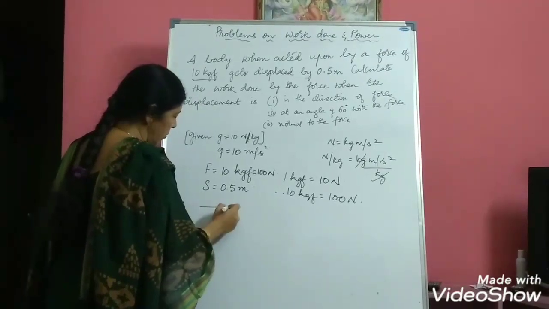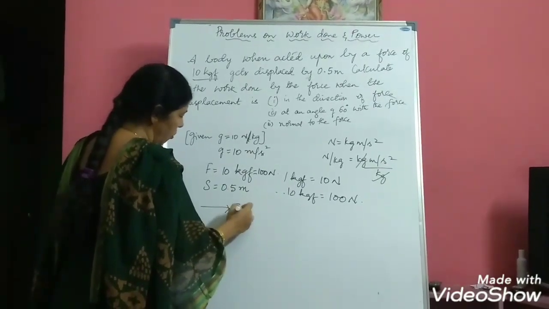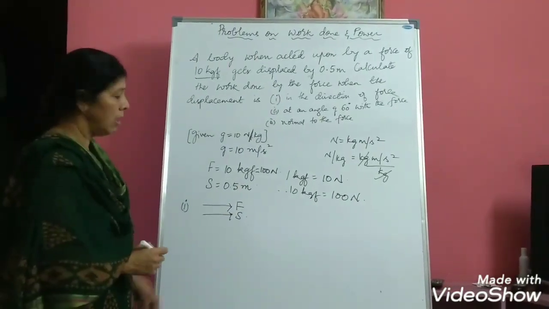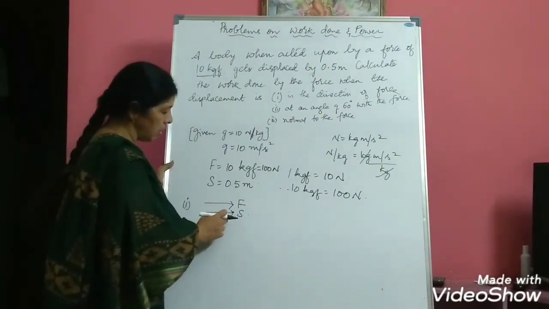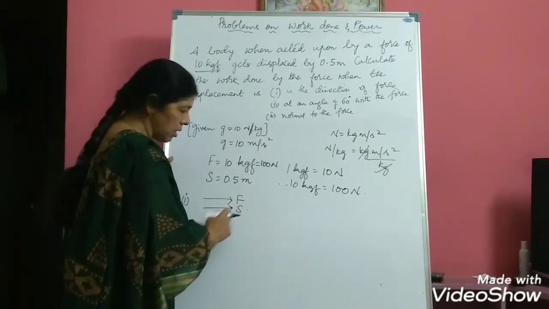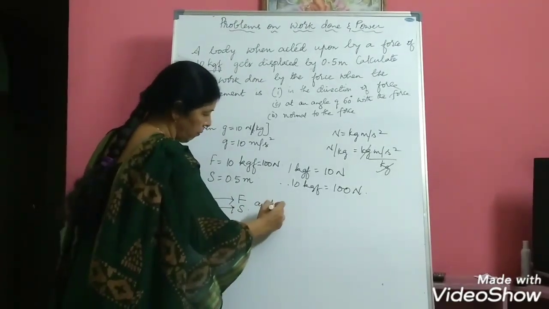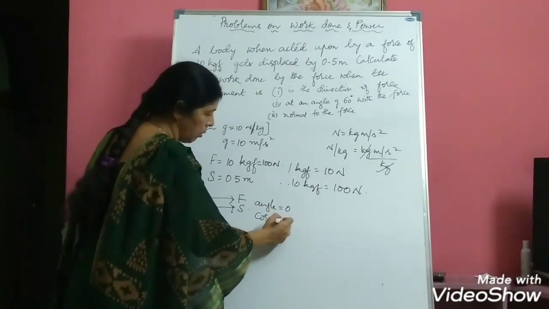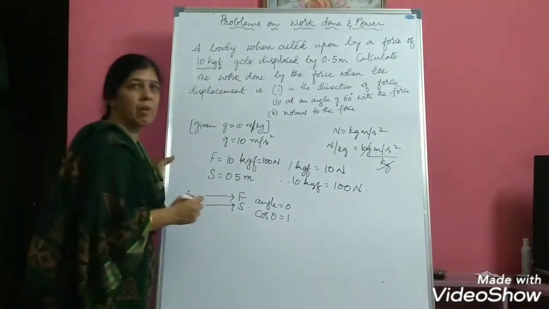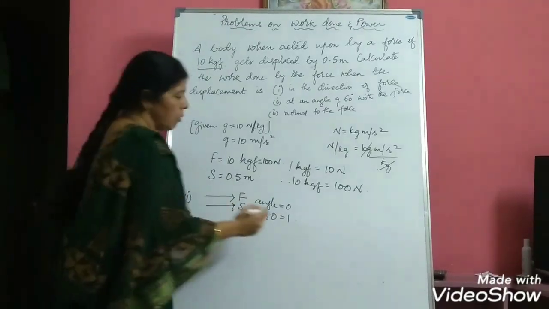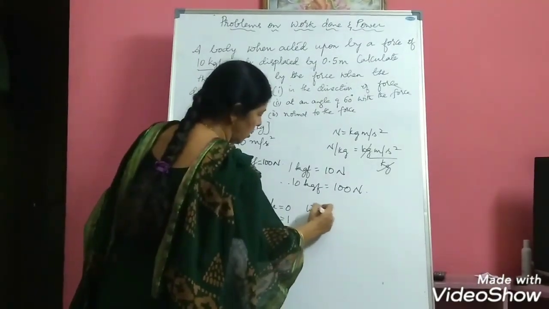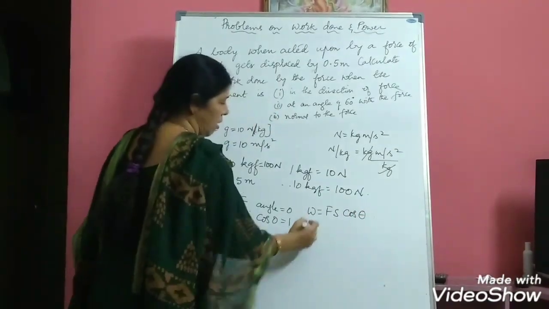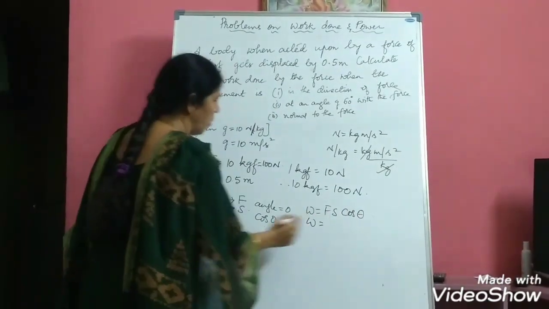So, as I have discussed in my previous video, force and displacement are in the same direction. So, what will be the angle between them? The angle between them will be 0, and cos 0 will be equal to 1. This you have to remember. Now, use the formula W is equal to Fs cos theta. So, W will be equal to, what is the force?